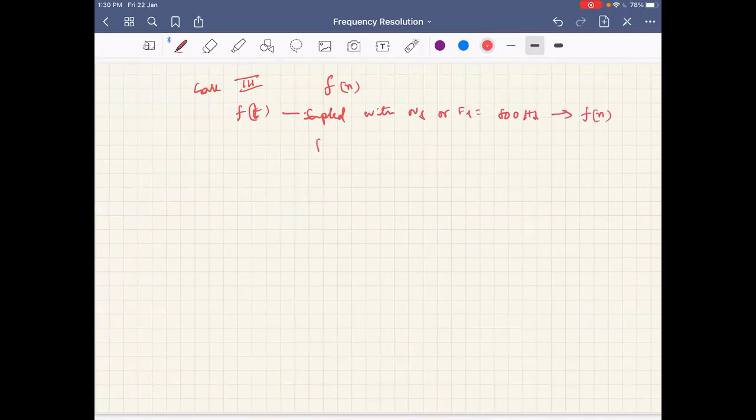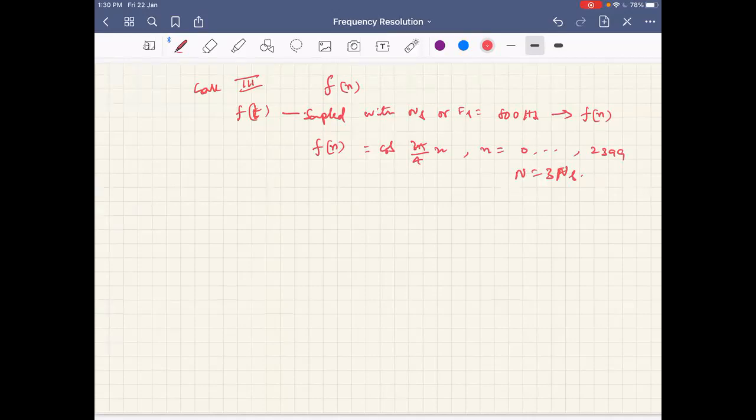Now f of n, the same signal cos 3 pi by 4 n, we take n equal to 0 up to 2399 samples. So here N equals 3 times Fs, Ns. We have taken 3 times the number of samples.